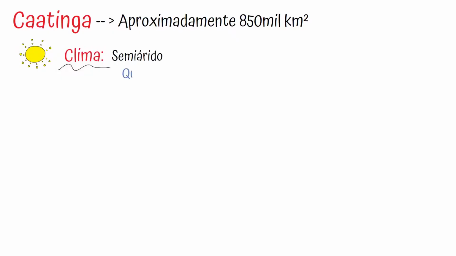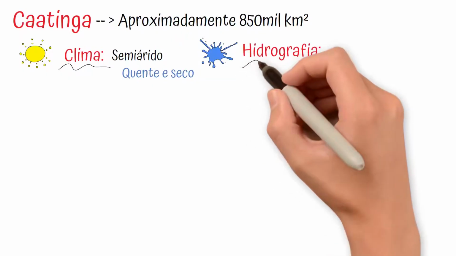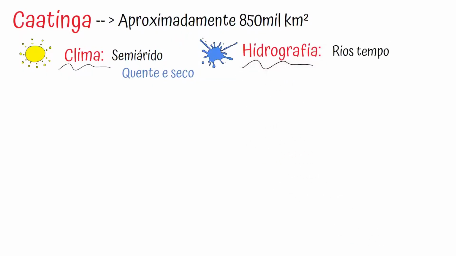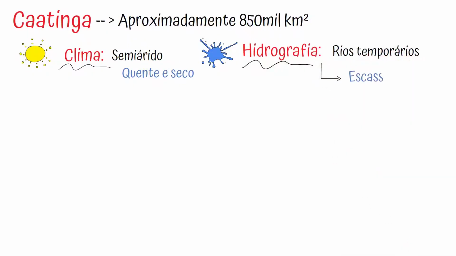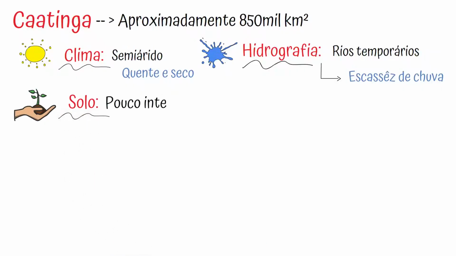And this consequently also affects the local hydrography, resulting essentially in seasonal rivers, right, which are present only at certain times of the year. And there's a great scarcity of rain throughout the year. And this characteristic will also directly affect the characteristics of the soil. If we have little moisture, we will consequently have little weathering. In this way, the soils here, in general, are shallower and more stony.